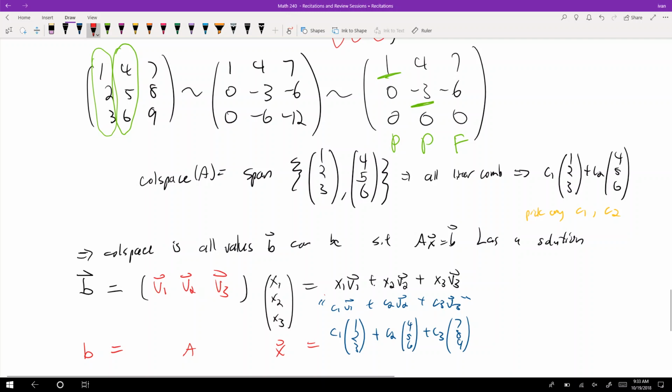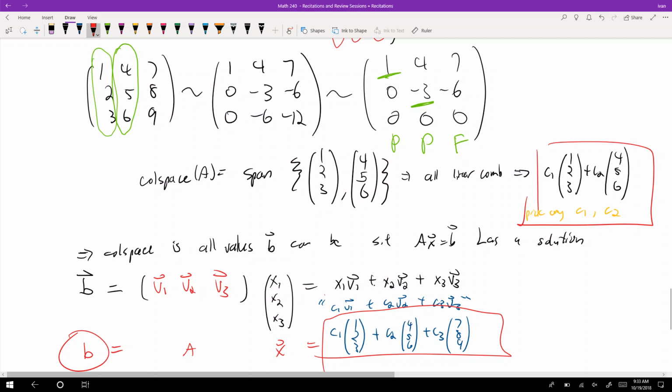So now we have B equal to this linear combination, and that linear combination is essentially what we just solved for in our column space up there.